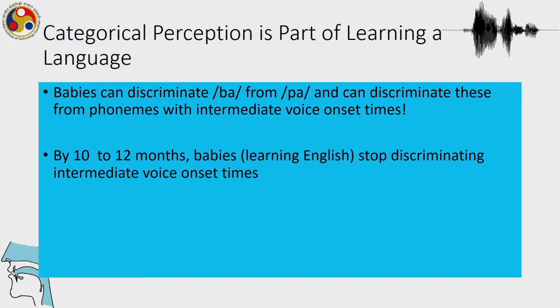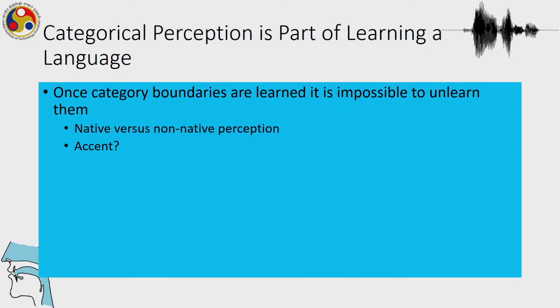So, categorical perception is considered to be a part of learning a language. Babies can discriminate ba from pa and can discriminate these phonemes with intermediate voice onset times. By 10 to 12 months, babies stop discriminating intermediate voice onset times. Now, after learning the category boundaries, it is not possible for infants to unlearn them, and as they grow, they are more set in their ways such that the boundaries are fixed.